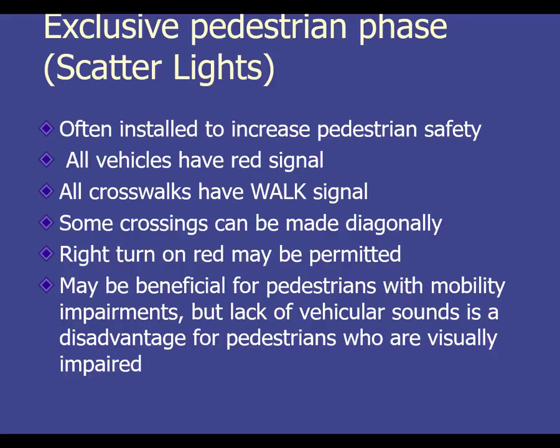Crossings can be made diagonally, but right turn on red can still be permitted. This could be beneficial for pedestrians that have mobility impairments, but the fact that there aren't cars around, it's a real disadvantage for travelers who have visual impairment. And there will be crossings like that our students, our visually impaired students, will encounter.